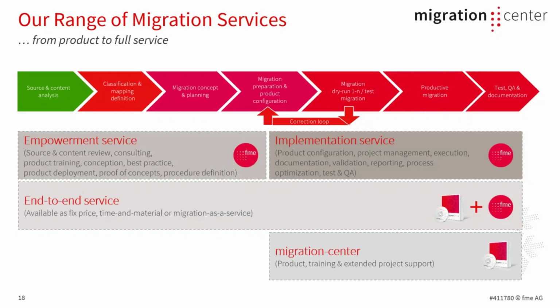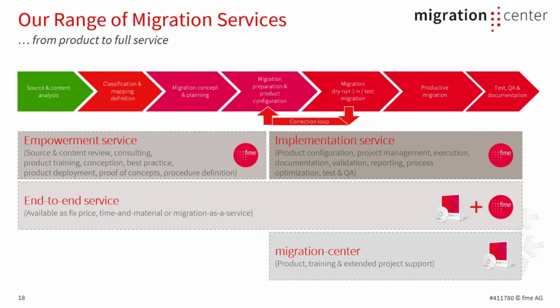For this migration approach, in terms of services, we provide several packages. If you go from the bottom to the top, first of all you can simply buy Migration Center to do just the migration. This could include the product, trainings, and so on. You can also book the empowerment service.